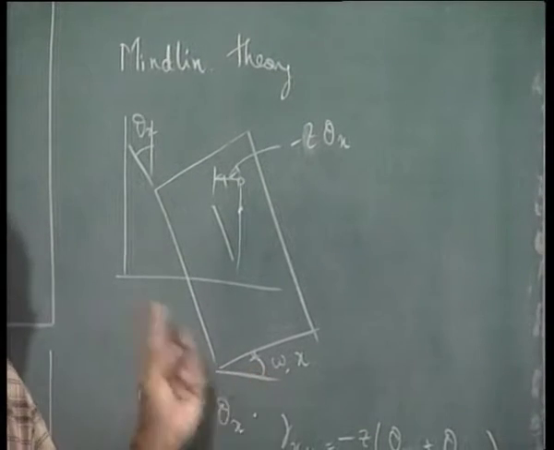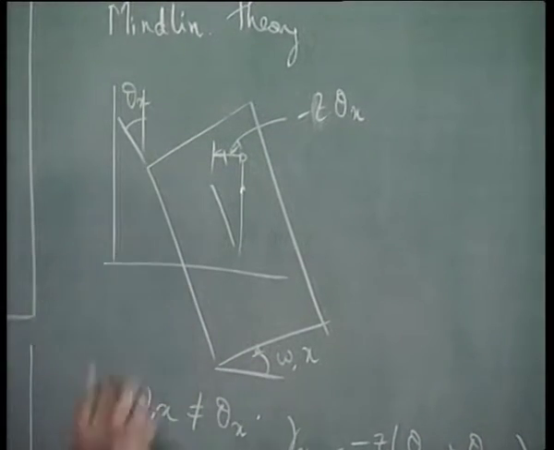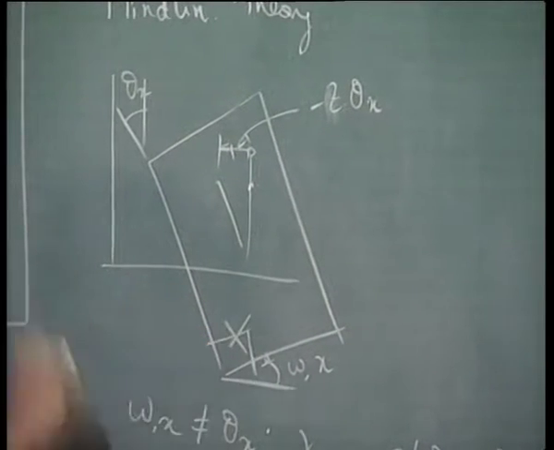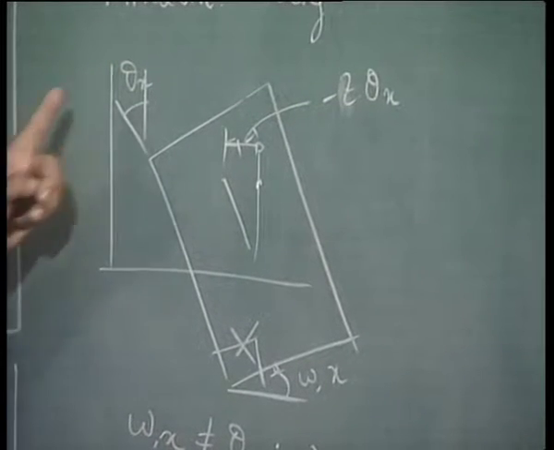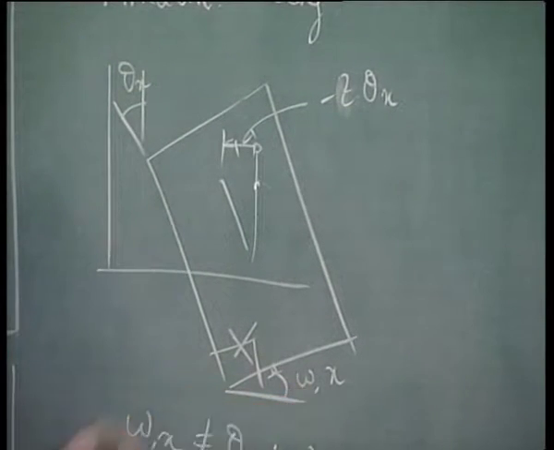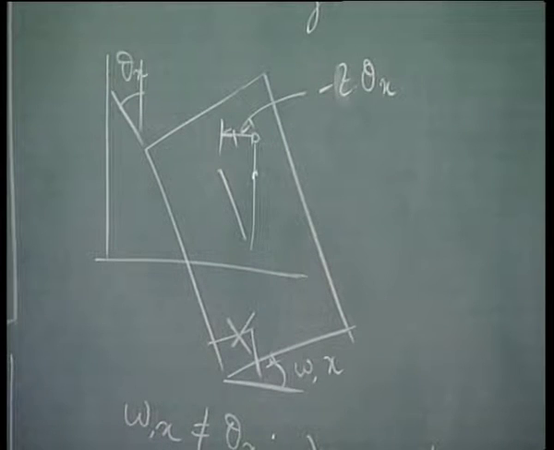We now see that though plane sections remain plane, this section is plane, but the perpendicularity is not maintained. Please note that theta x is not equal to w comma x, which was the case in the previous figure. So we have a situation where a shear strain is developed.